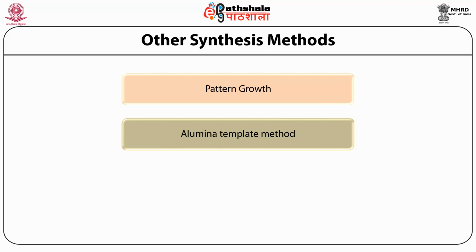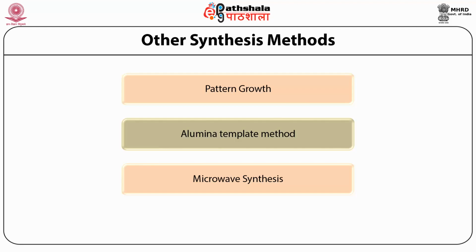Finally, there is a new method developed recently where one can grow nanotubes through microwave synthesis. This synthesis technique allows you to grow a huge amount of nanotubes in a very short time.